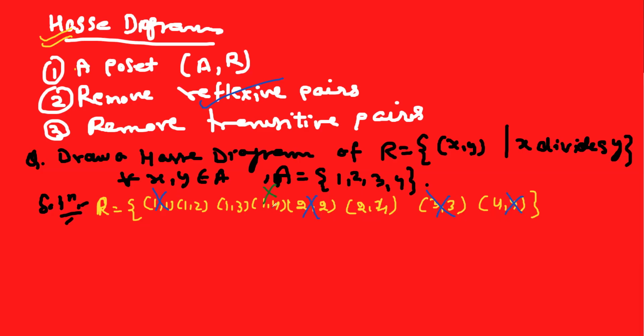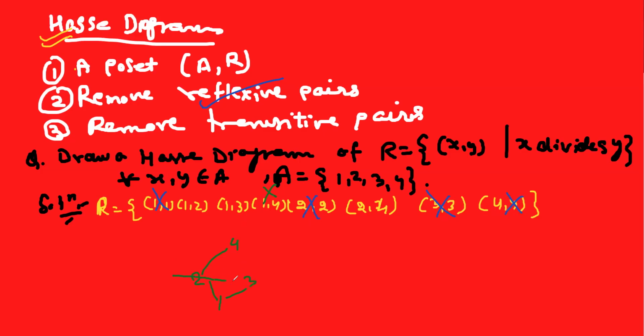It means 1 is related with 4. 1 is related with 3 and 3 is not related with any others, right? So you have the remaining pairs what?